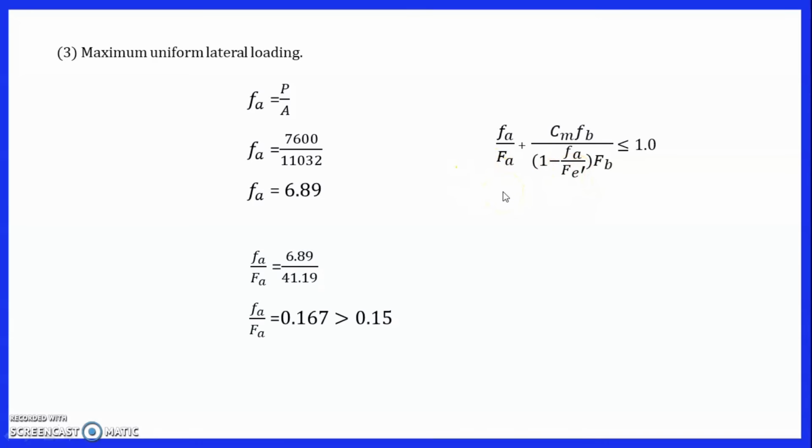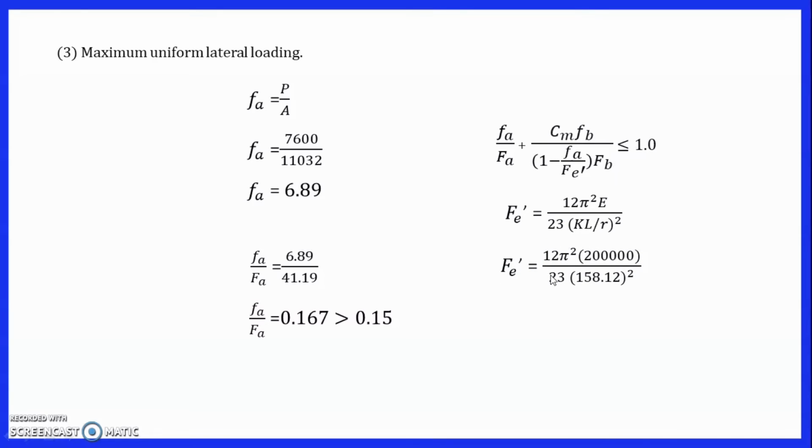So in relation to this, we must use the Euler critical stress, which is 12 pi squared multiplied by the modulus of elasticity over the factor of safety, which is 23 multiplied by the limiting slenderness ratio squared.